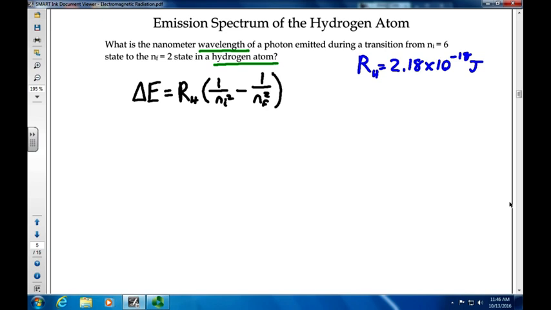So plugging in our values, we get 2.18 times 10 to the minus 18 joules times 1 over 6 squared minus 1 over 2 squared, which would be 1 over 36 minus 1 over 4.